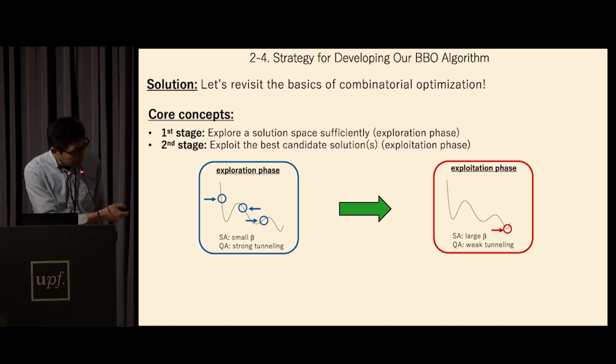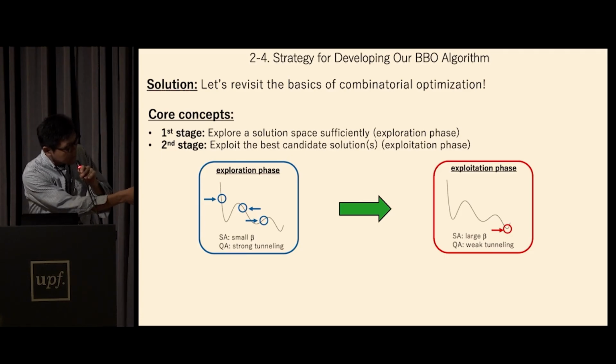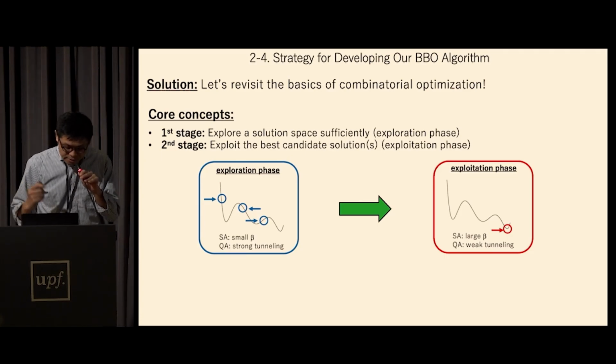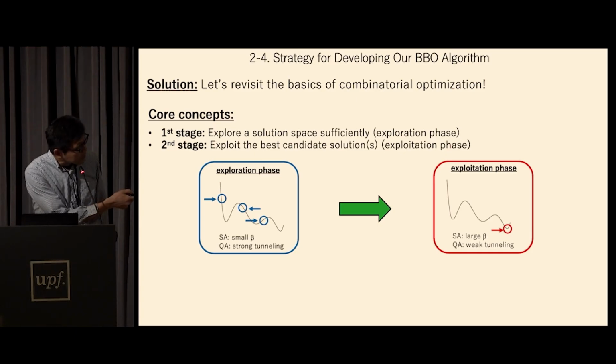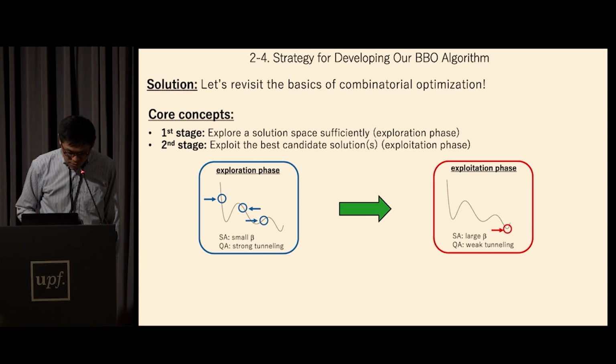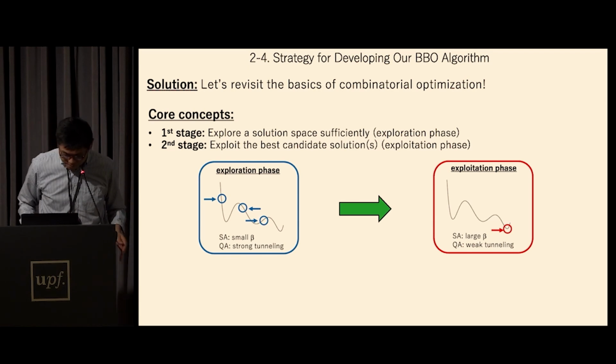We can solve combinatorial optimization problems effectively by first performing exploration in the first half of the optimization process, while in the second half we perform exploitation. In terms of these two concepts, we can re-express that factorization machine annealing is weak on exploration performance. So we are going to create our algorithm by amplifying the exploration performance.